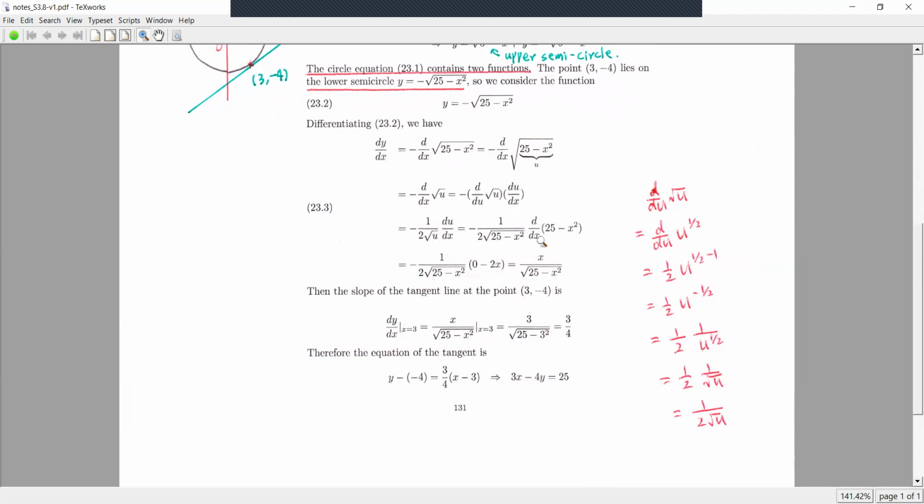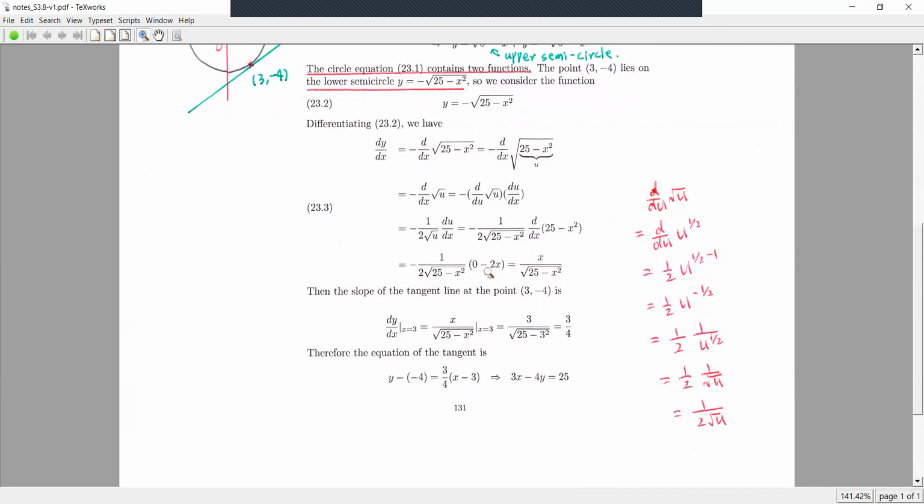This function is a difference, so we can use the difference formula to compute this derivative. Derivative of constant 25 is 0. Derivative of x squared is 2x. Then we have this equation.